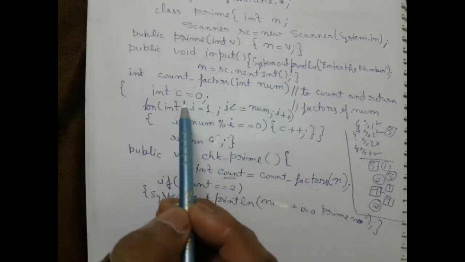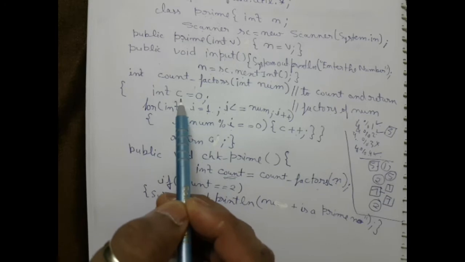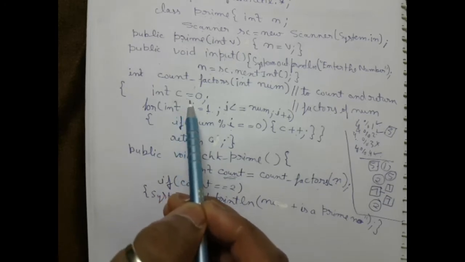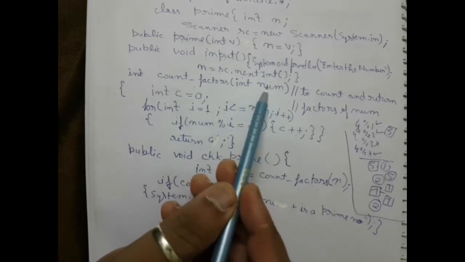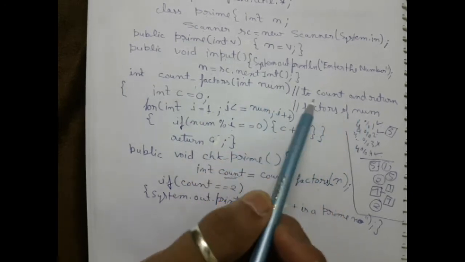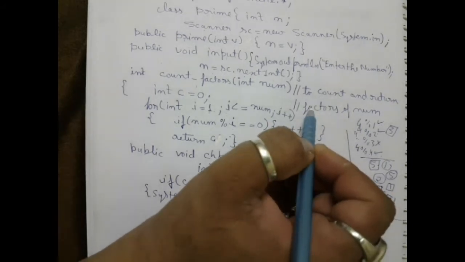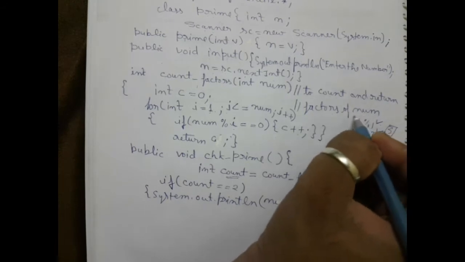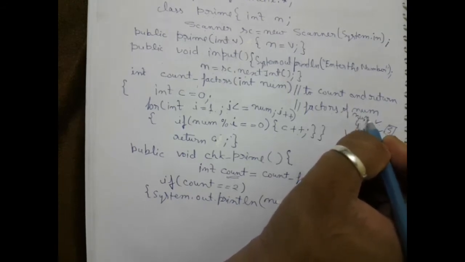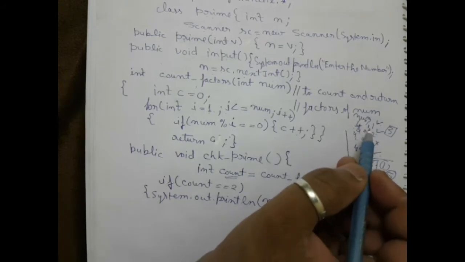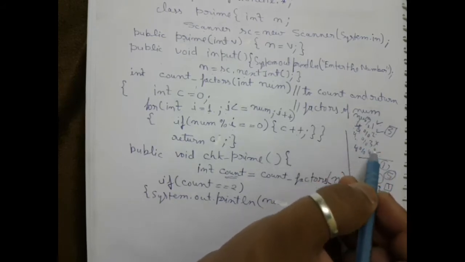After that students, we take a variable which will store the count or total number of factors of the number num. To count and return the factors of num, we have to check the divisibility. Suppose our num is 4. So we'll check with 1, then 2, then 3, then we'll go up to the number.